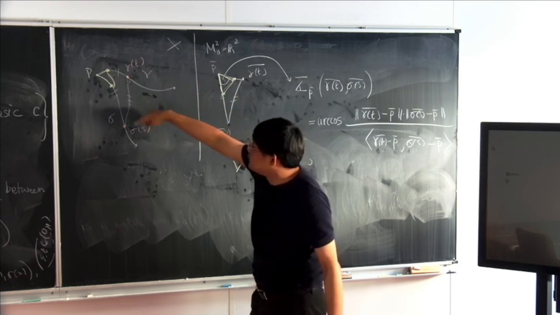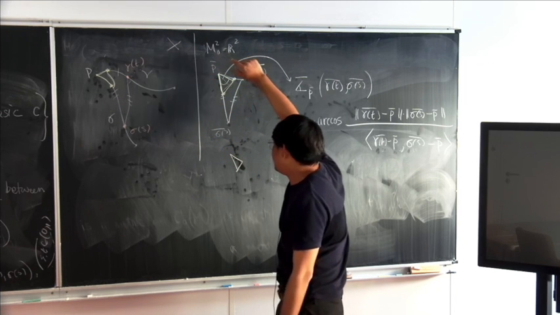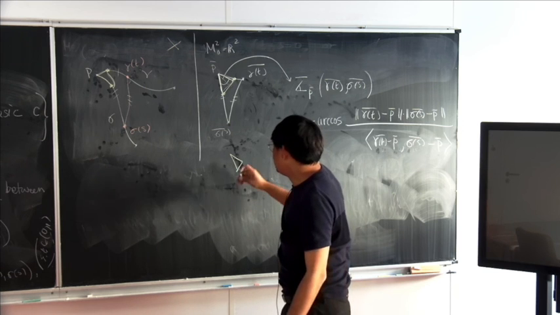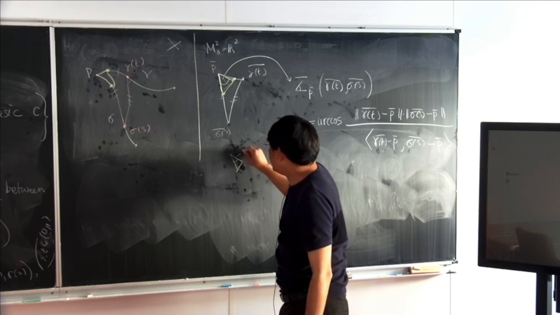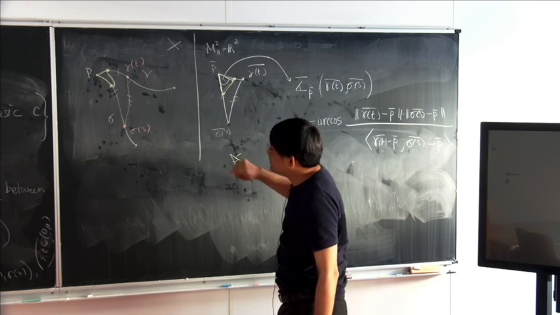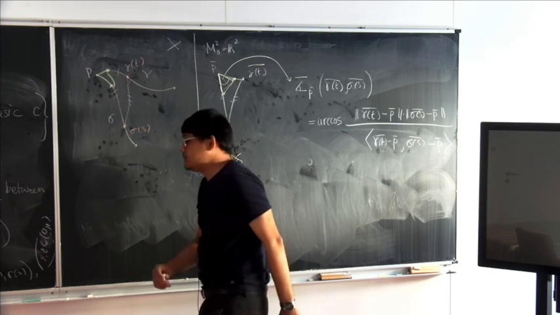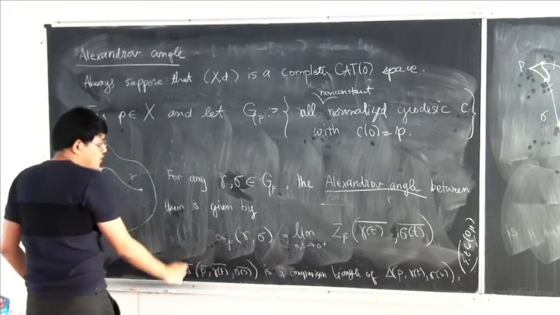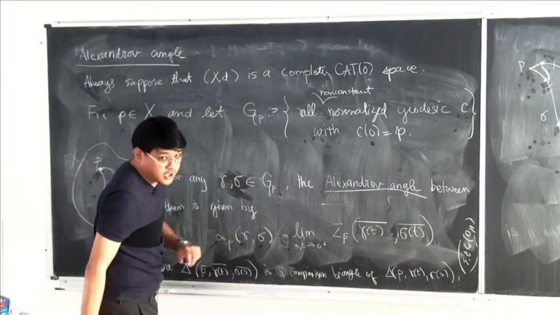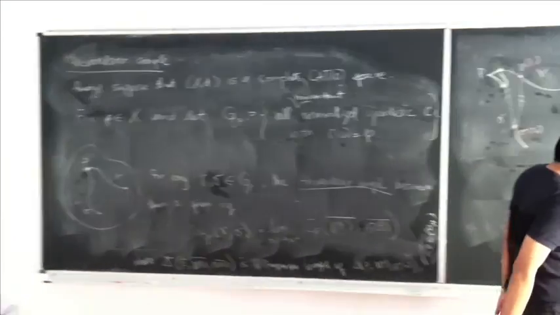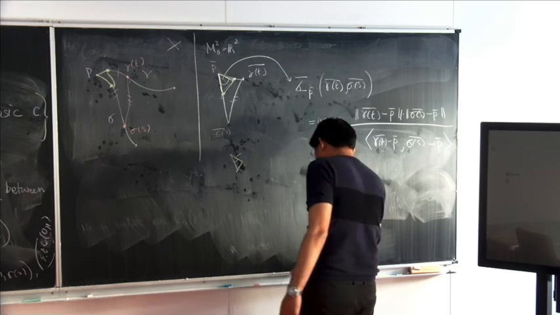Okay, when you decrease this, you have to make sure that you create the right comparison triangle in order to measure the new angle that is occurring. And as you move S and T towards 0, you will get the Alexandrov angle between two non-constant geodesics emanating from the same point P.